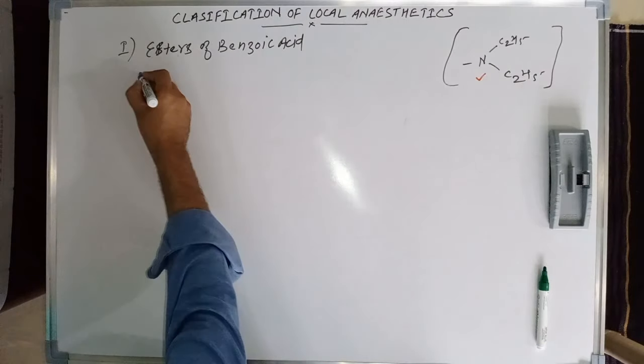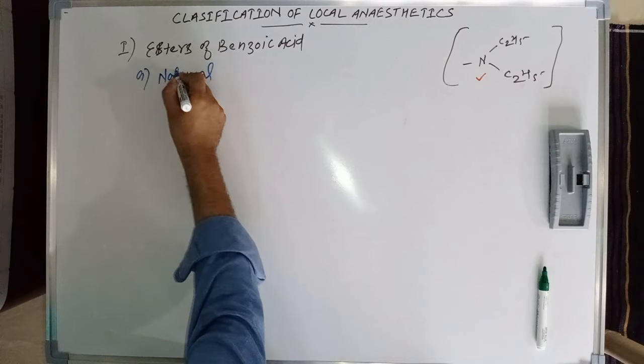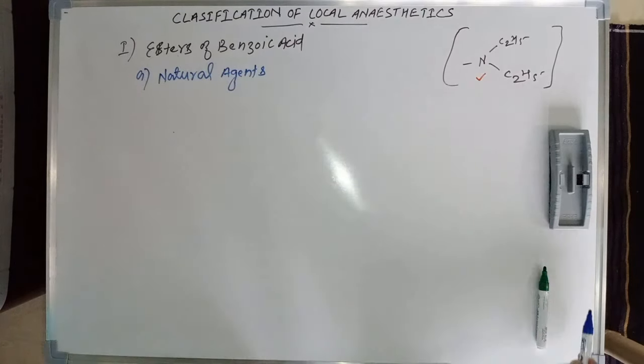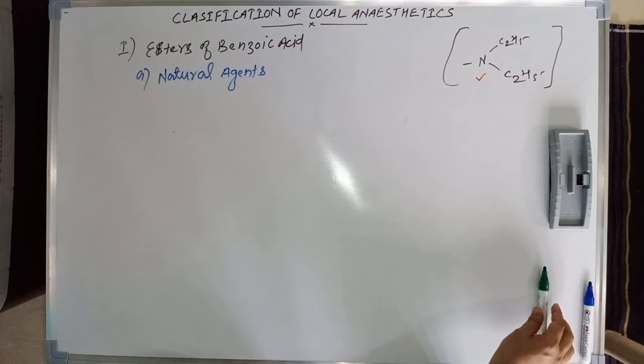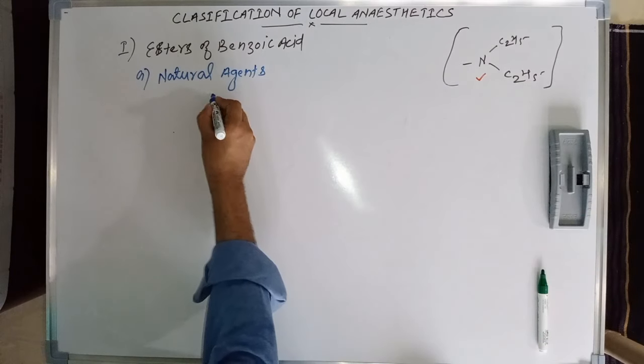The first class is natural agents. Natural agents means those components which are naturally present in our environment. The naturally occurring substance which acts as a local anesthetic, the example, is cocaine.